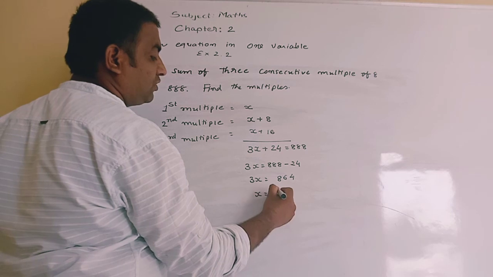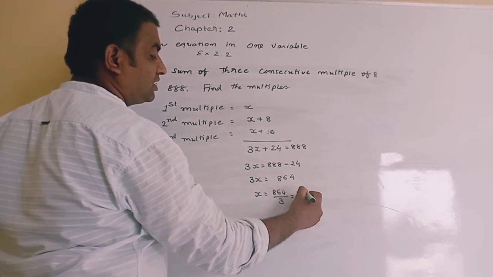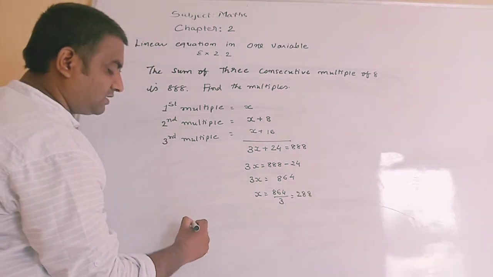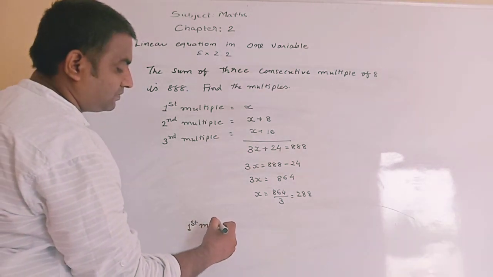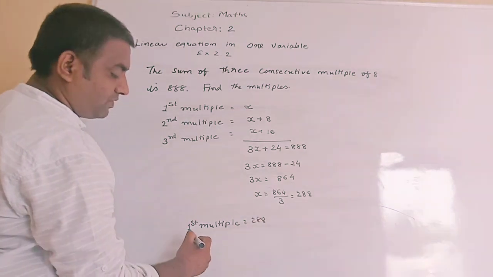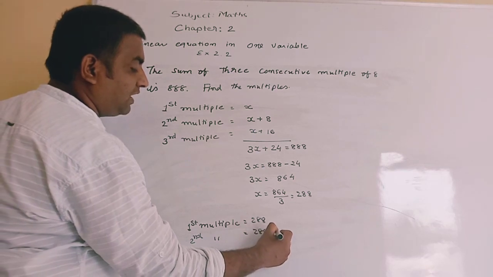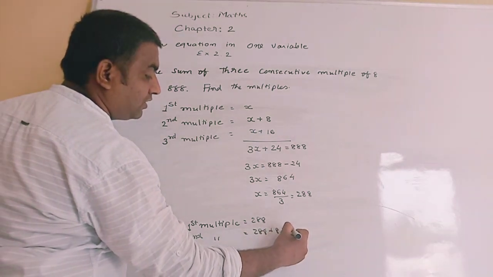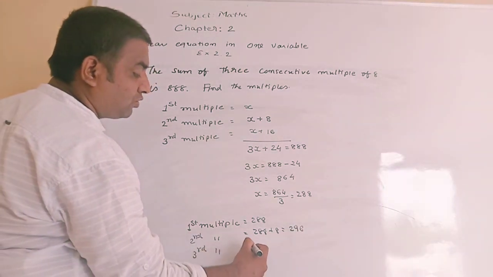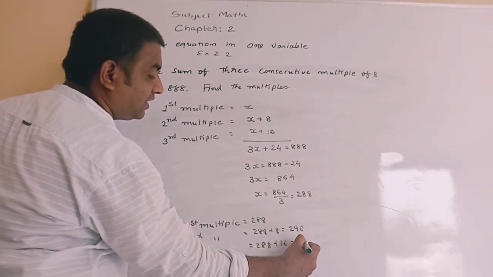So x equals 864 divided by 3, that is 288. So first multiple is 288. Then second multiple we get 288 plus 8, that will be 296. And third multiple we will get 288 plus 16, so that will be 304.